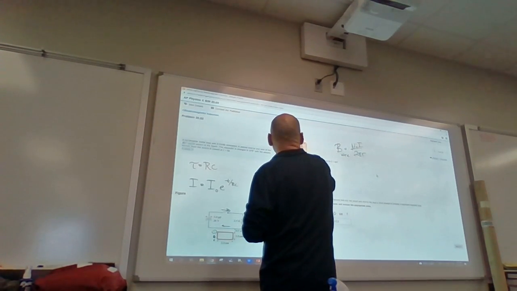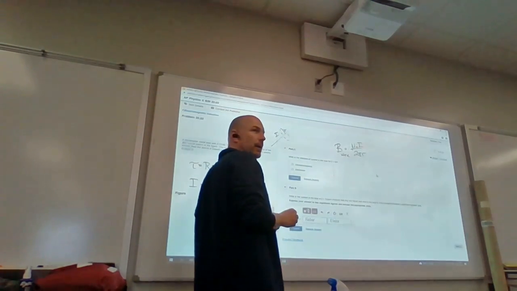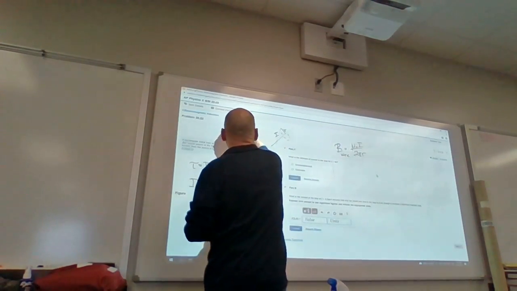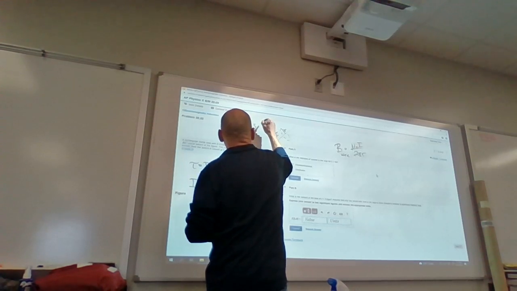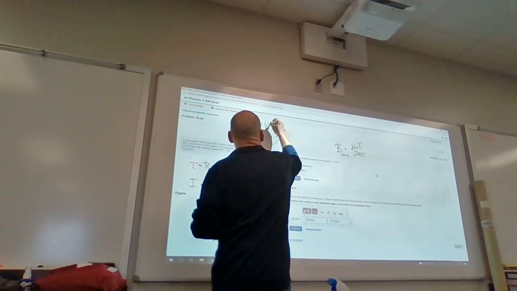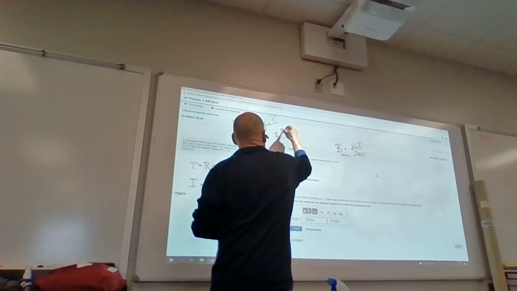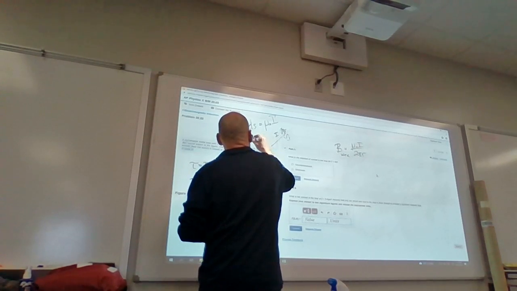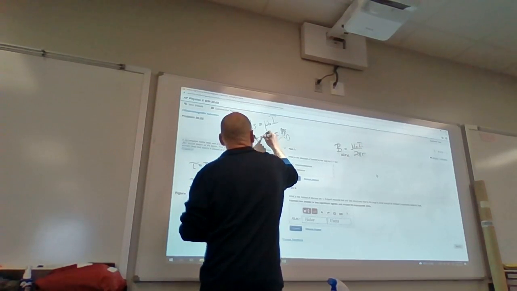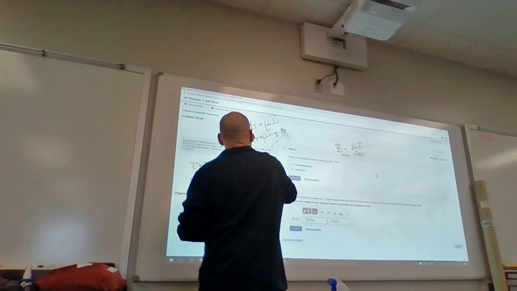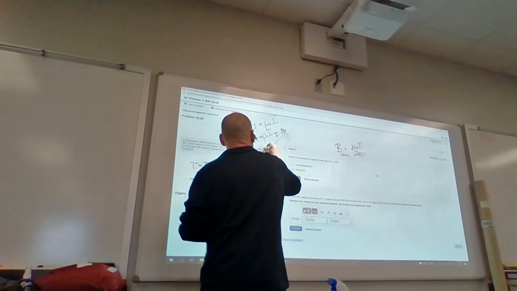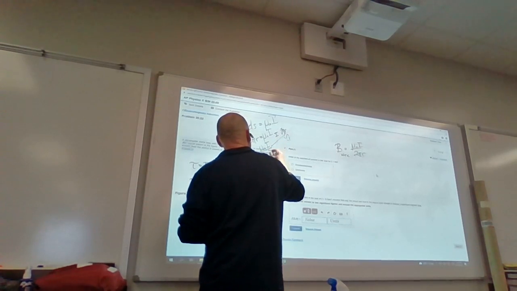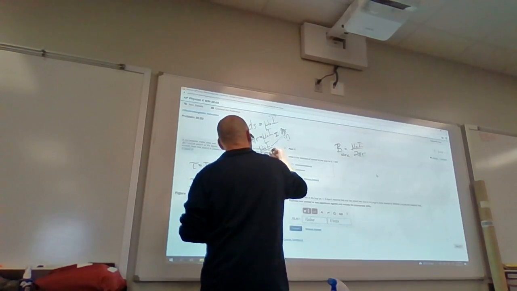If you have a wire with current going through it, and here's our Amperian loop, certain distance R. Okay. So Ampere's law. Okay. And so through that is 2 pi R. So the magnetic field by a long straight wire is equal to mu naught times I over 2 pi R.